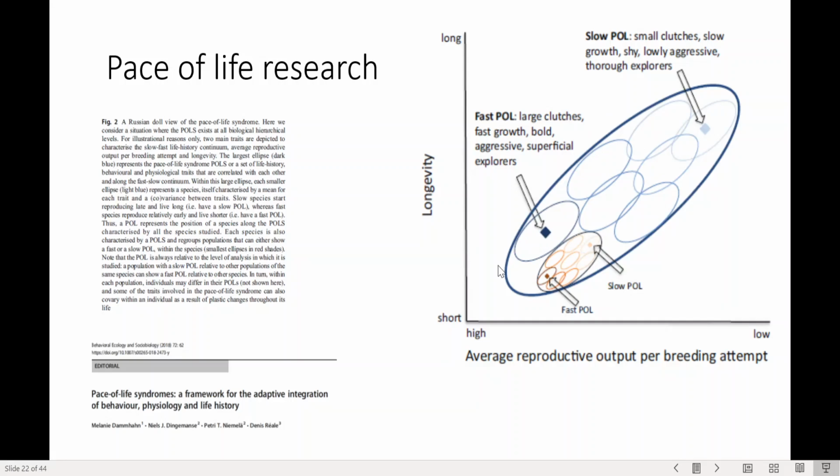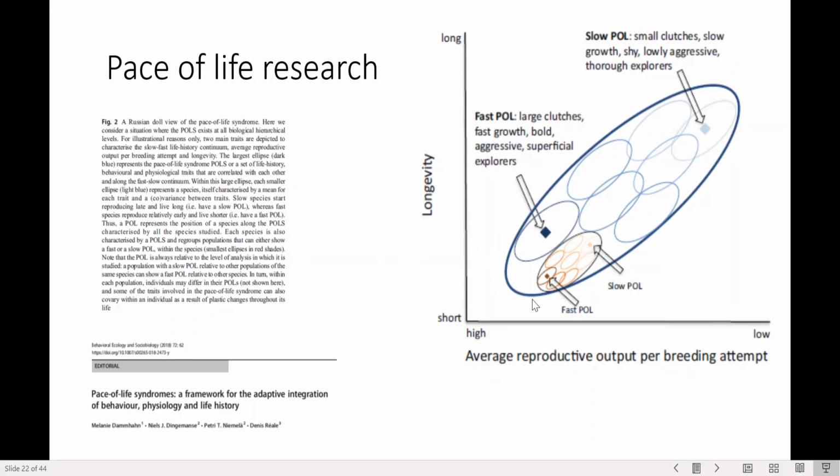So we can characterize environments in terms of whether they actually allow a slow pace of life, so long life, relatively few offspring, right? So small clutches in animals, relatively slow growth, relatively shy, less aggressive, more likely to explore the environments thoroughly, right?